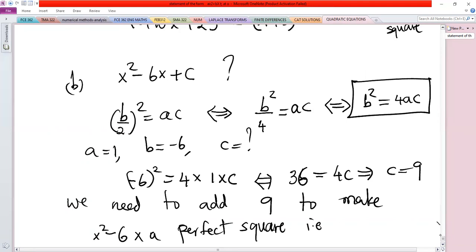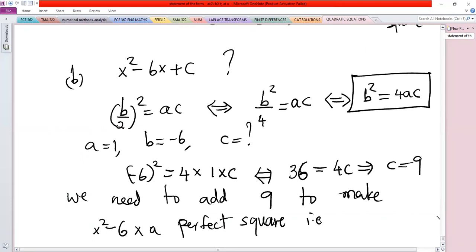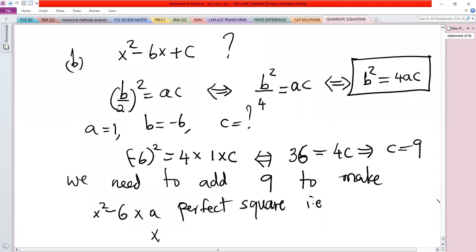That is, if you write x squared minus 6x plus 9, you get x, now b divided by 2 is minus 3, squared, a perfect square.